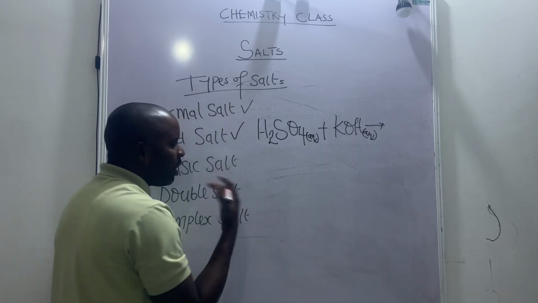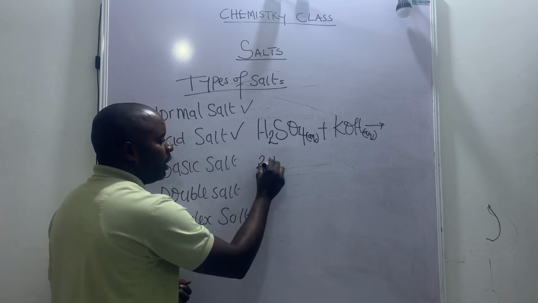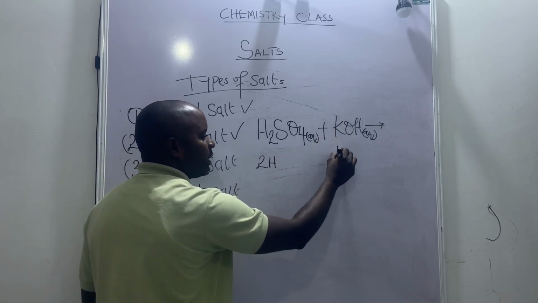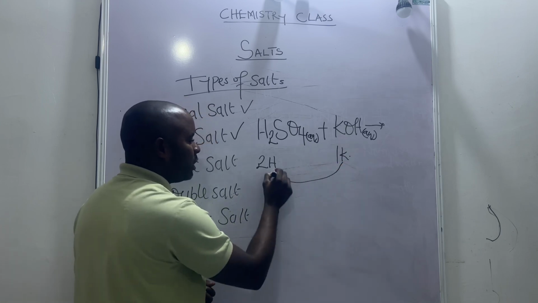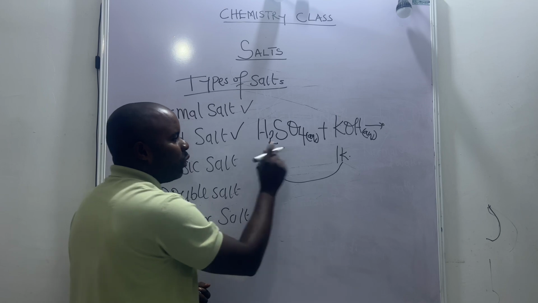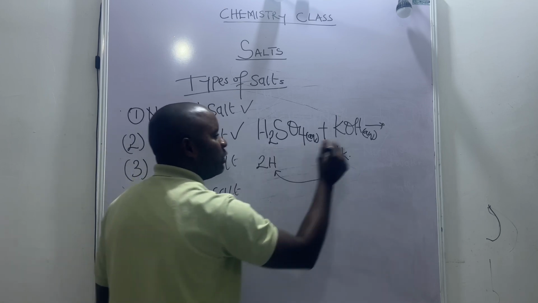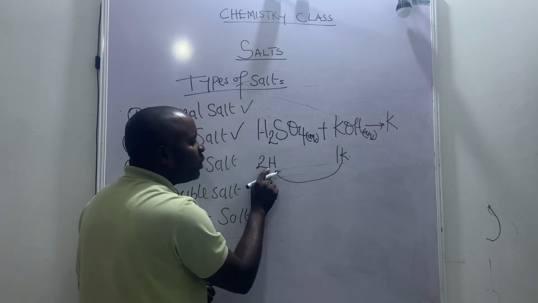How can we identify acidic salt? We have two hydrogen here. This is the metal, we have one K here. One of the K is going to displace one of these hydrogen, K will take the place of one hydrogen, and one hydrogen is left.